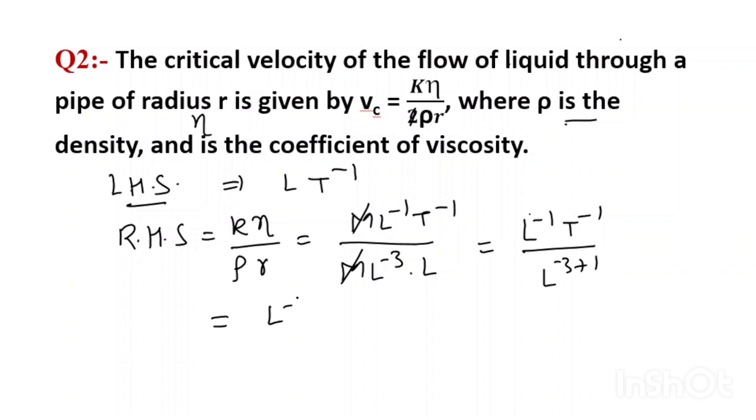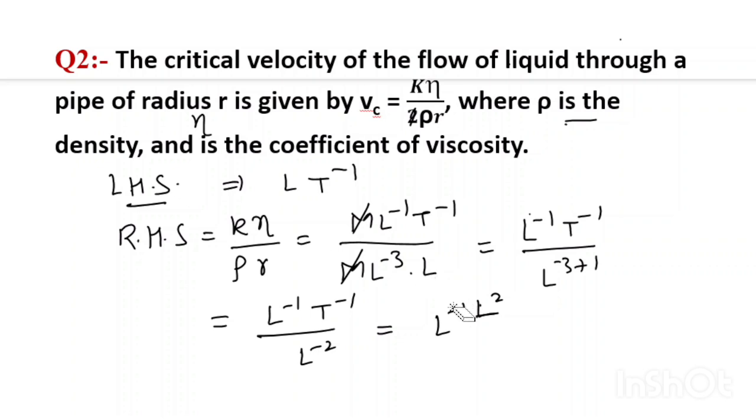Now in numerator L power minus 1 T power minus 1 upon L power minus 2. Now we shift L power minus 2 in numerator. So this term we write L power 2.